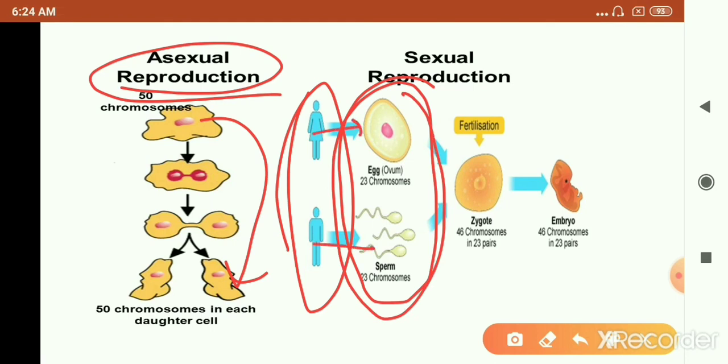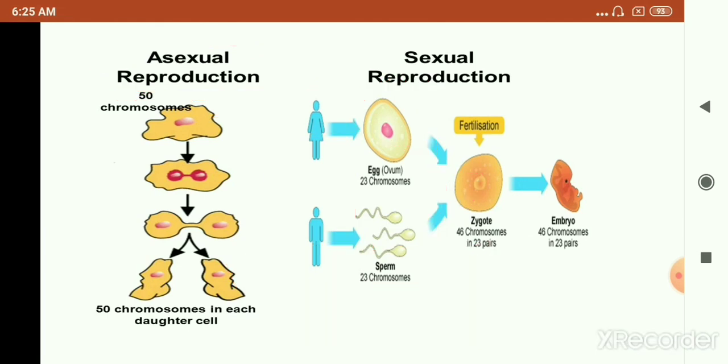The genetic material of the parent is copied and passed to the next generation through these gametes. As I said, the gametes will have only half the number of chromosomes of the parent cells, the non-reproductive cells. That is because when the gametes fuse, half and half make full, so the chromosomal number will be restored.